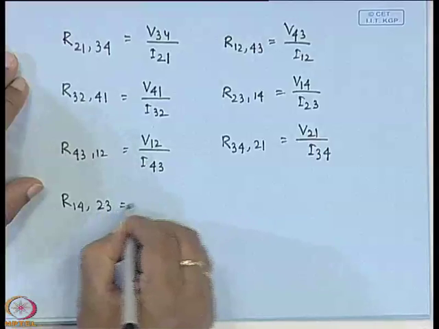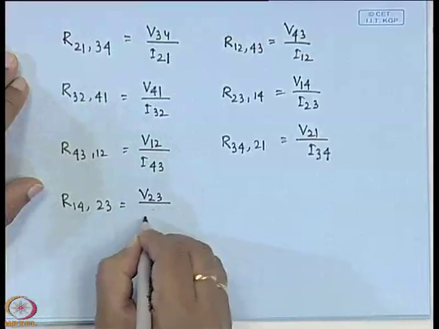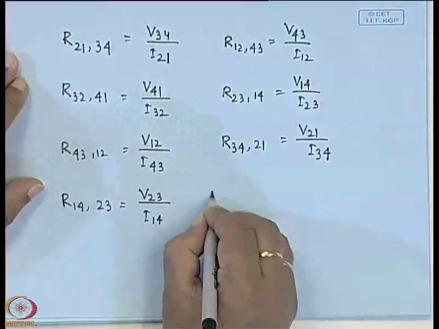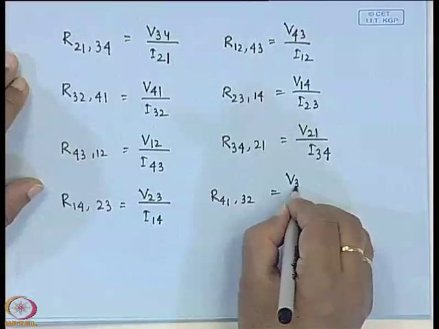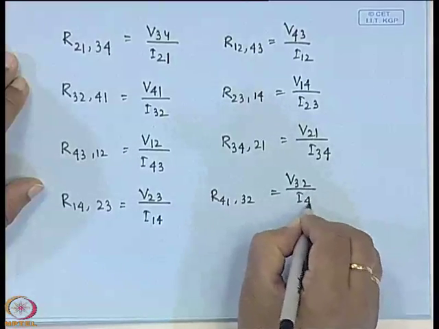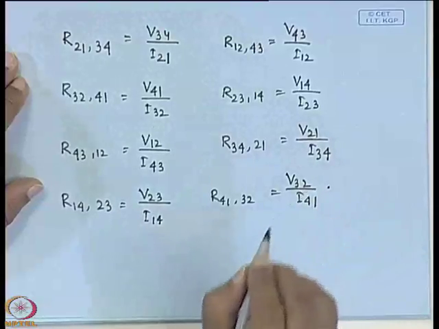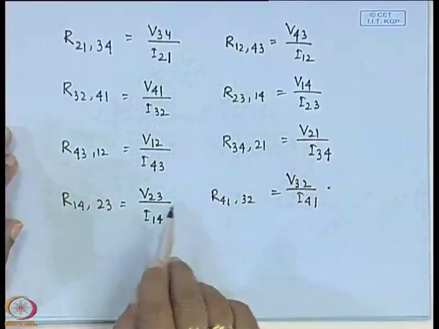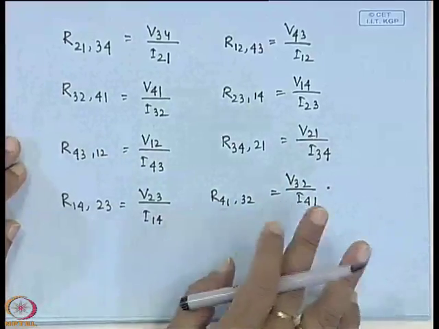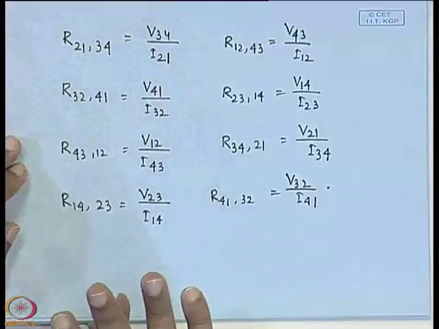R1423 equals V23 by I14. R4132 equals V32 by I41. So, these are the resistances you get from the measurement of 8 currents and voltages.